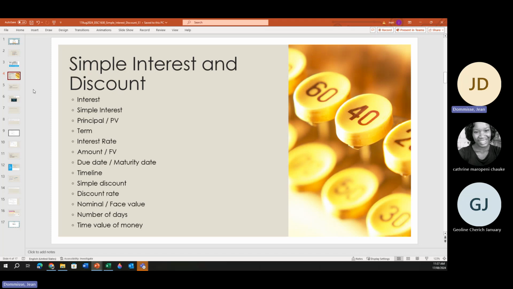Compound interest, which we do in the next session, is when you get interest on your interest. Simple interest is just you put your money aside and you accumulate interest on that lump sum, but not on the interest component.